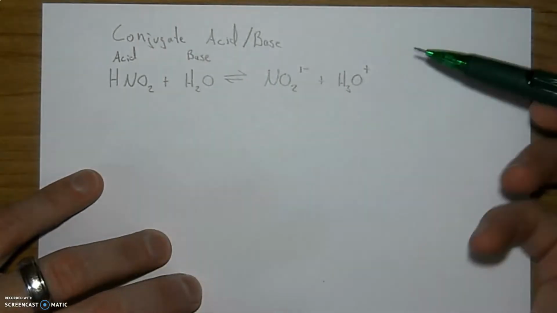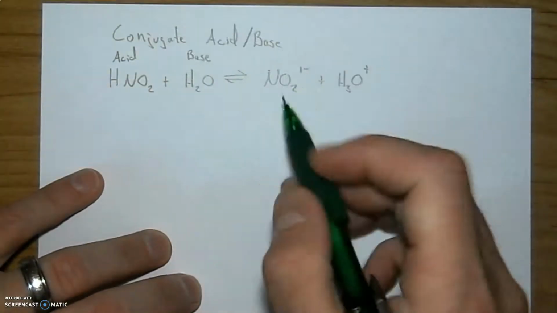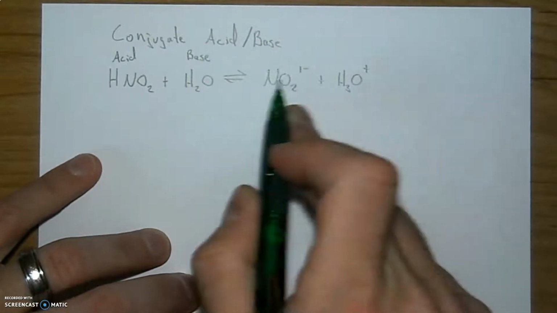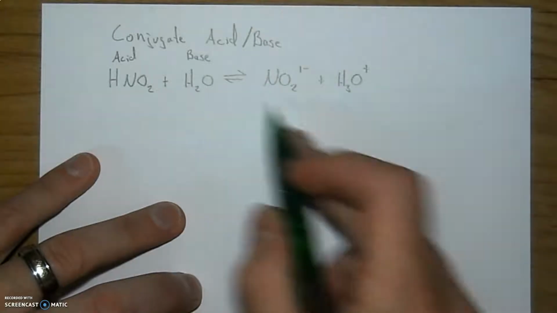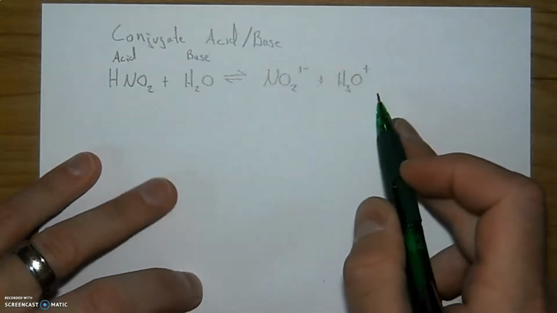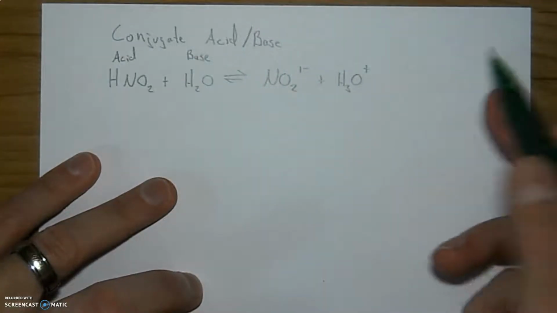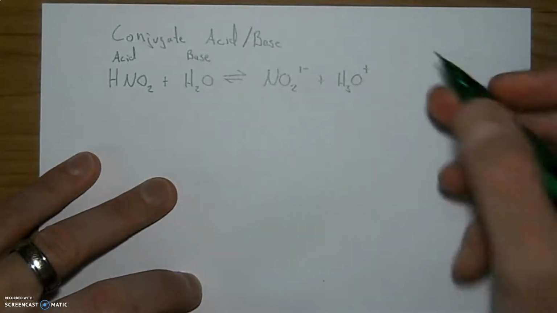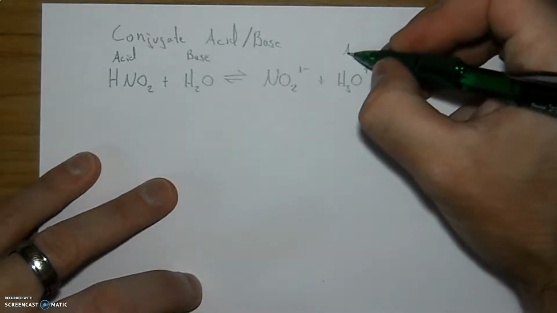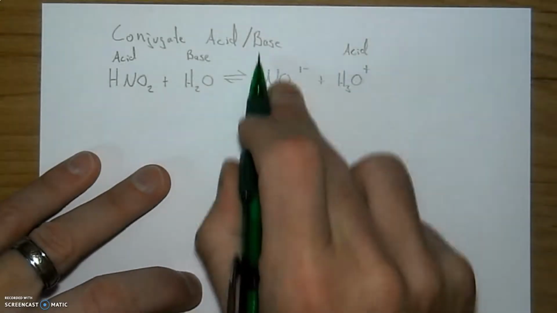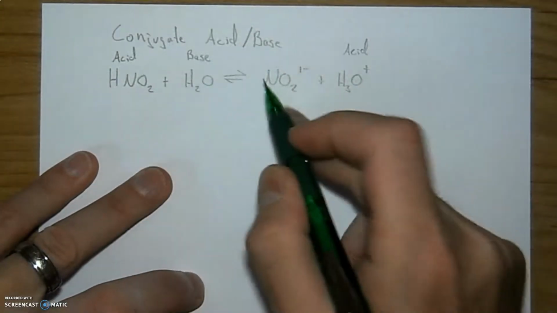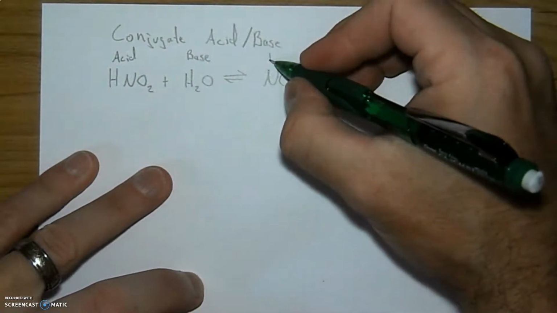So if I look at it from the other direction and pretend that these are my 2 reactants, who is donating a hydrogen? Well, clearly only one has the opportunity to act as a hydrogen donor, which would be the hydronium. So on this side, it is acting as an acid, and this, of course, is accepting the hydrogen. It's acting as a base on this side.